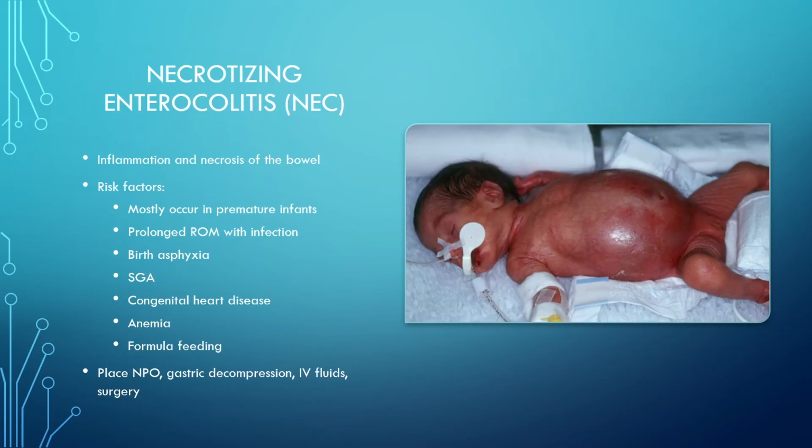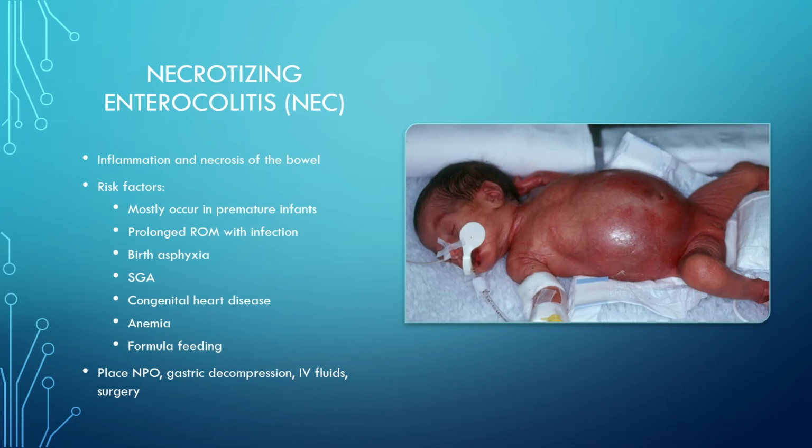Our next thing here is necrotizing enterocolitis, or NEC. This is an inflammation and necrosis of the bowel. This mostly occurs in our preemie infants or infants that had a prolonged rupture of membrane with an infection. Also, if they've experienced birth asphyxia, are small for gestational age babies, congenital heart disease, anemic, or formula feeding.